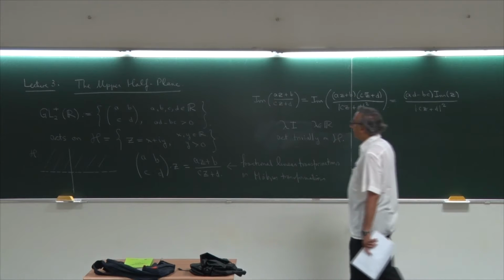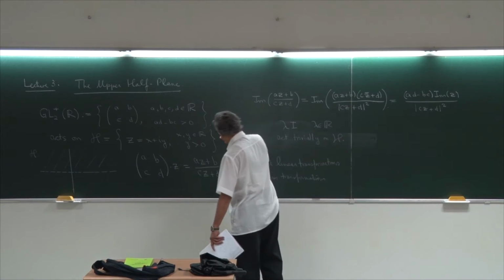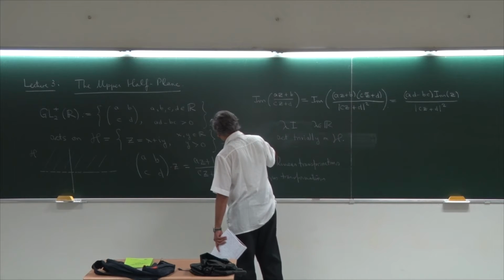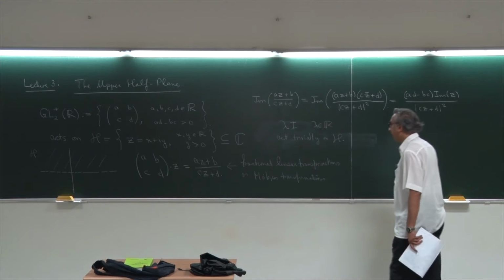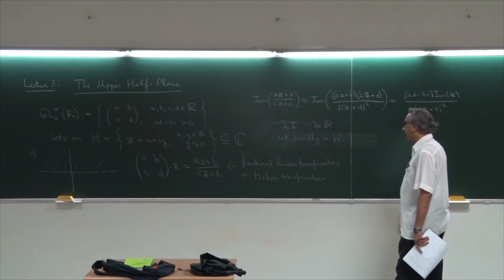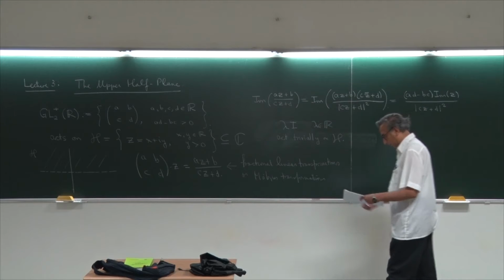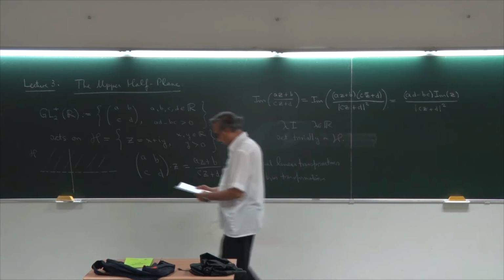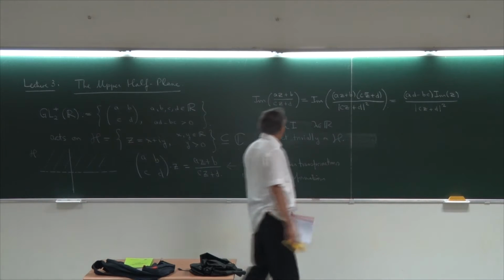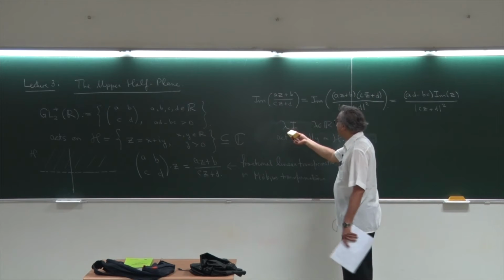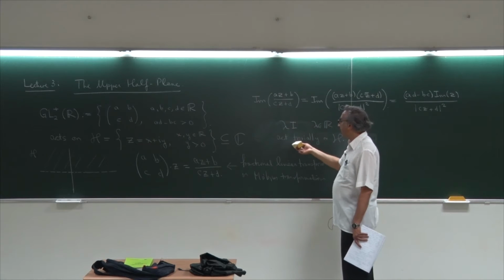We're going to look at the upper half plane as an open subset of the complex plane endowed with the usual topology. So there are all these elements in the group that act trivially.